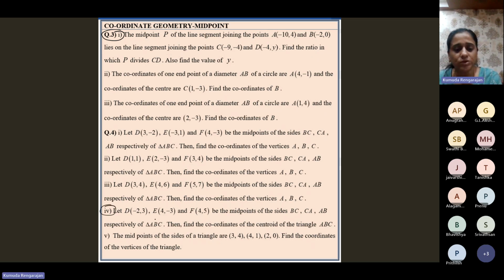We have done a similar question in the last class, but just check the coordinates, children, because I think we have 5 questions of the same type. In question number 4, we have 5 different questions of the same type. So we can work any one of these. One of these was already done in the class earlier. So just check if I'm not repeating it. Work this one, 3, subdivision 1.